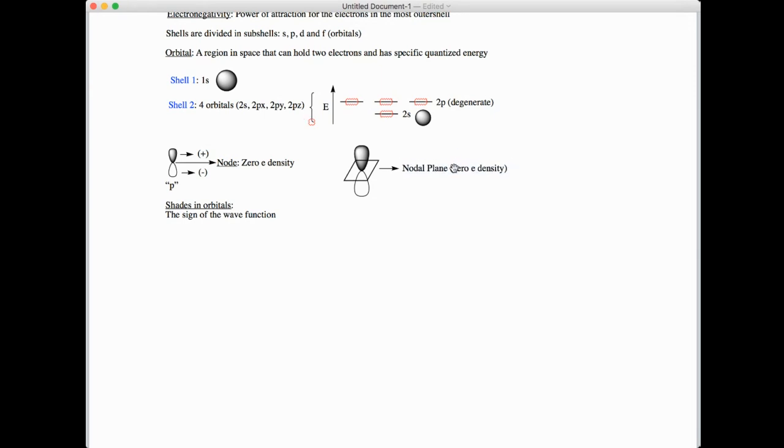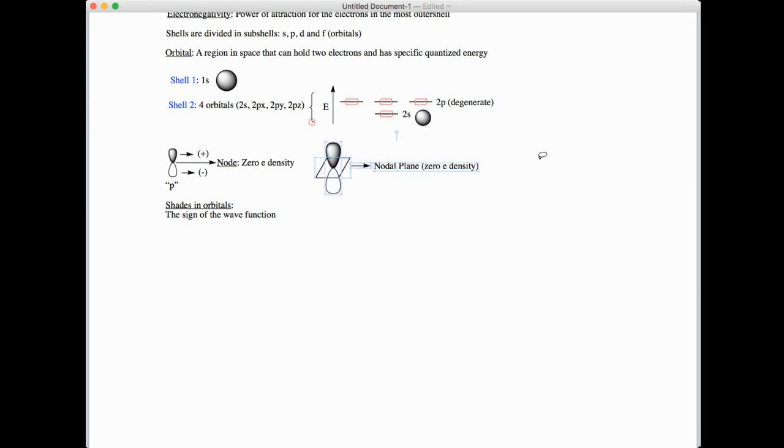Okay. So in every single p orbital, you'll have a lobe with a node and a nodal plane. Okay. So it's a big difference between a p orbital and an s orbital, as you can see.